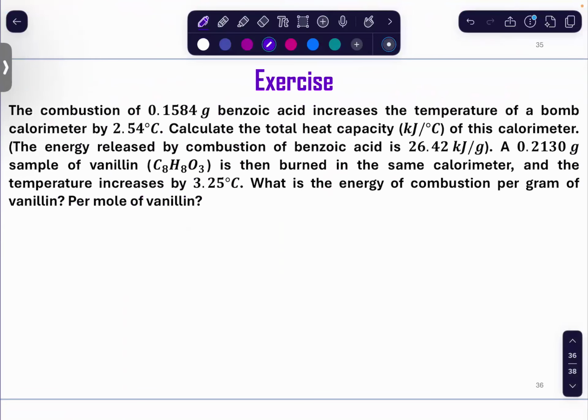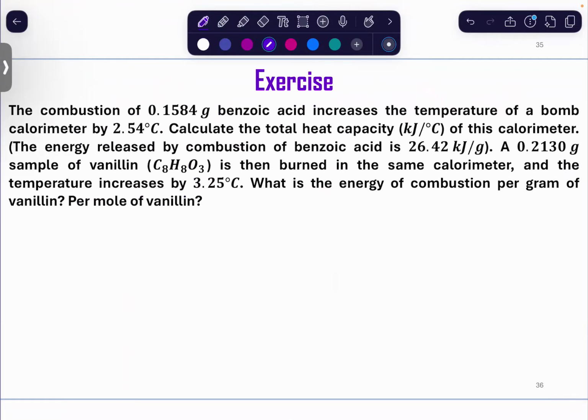Okay, so let's see, we have the combustion of 0.1584 grams of benzoic acid. It increases the temperature of a bomb calorimeter by 2.54 degrees Celsius. So remember, you're measuring the water in the surroundings, and so that's the temperature change you're getting. Calculate the total heat capacity in kilojoules per degree Celsius of this calorimeter.